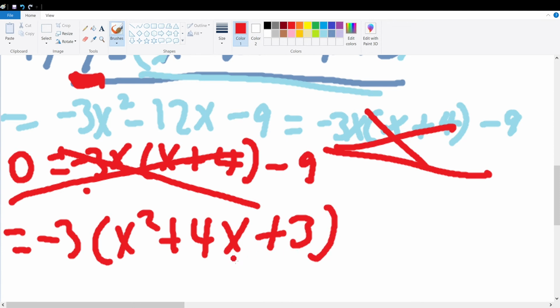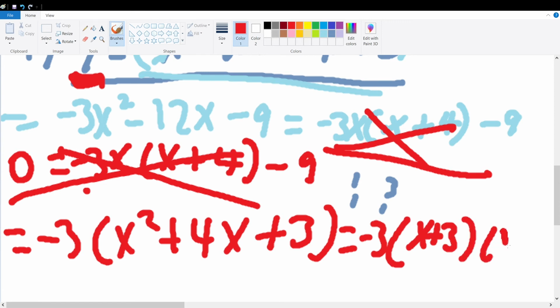Now we have something we can work with. Using the cross product method, 1 1 3 1, we can factor it as x plus 3 times parentheses x plus 1. That will work perfectly for factoring this equation.